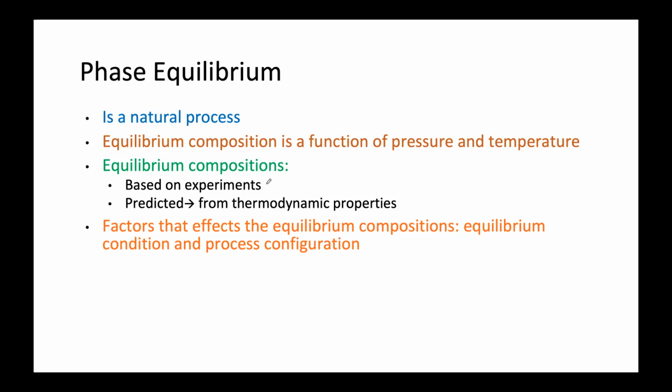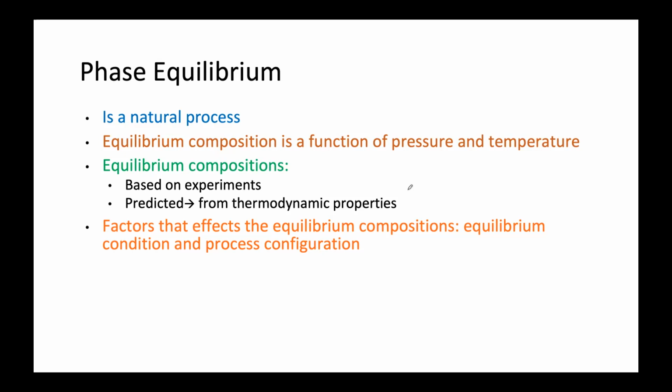Software like HYSYS also uses the same approach, so we can calculate using a model and predict the thermodynamic properties. In thermodynamics, you have also learned about, for example, the Margules model or Peng-Robinson, and then you can predict the composition if you know the pressure and temperature.